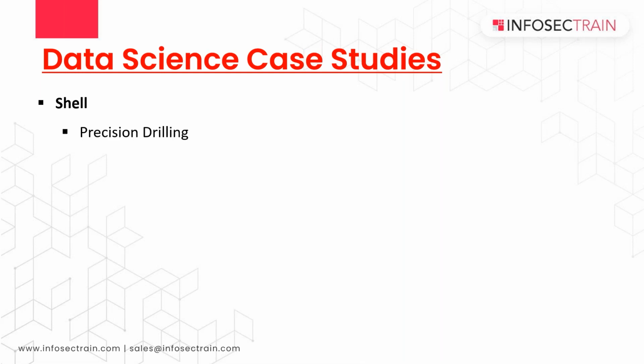So they also implemented data science algorithms in their day-to-day work, like precision drilling, right? Basically they use reinforcement learning to control the drilling equipment used in mining oil and gas.